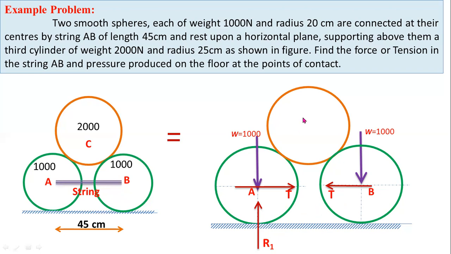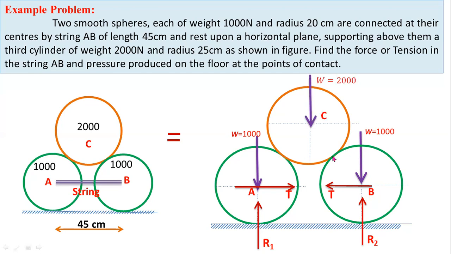Now let's consider this upper cylinder C. Here the reaction force R2 is vertically upwards. Here the support is horizontal, so you have to consider vertical reaction. Now let's consider this top cylinder C. The self weight of this top cylinder is 2000 newtons, so W equals 2000 newtons vertically downwards.